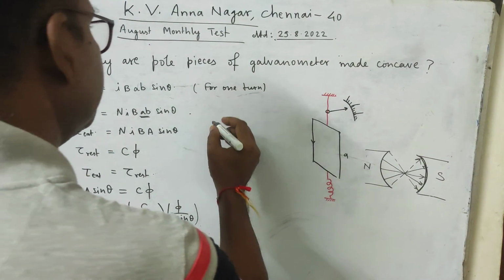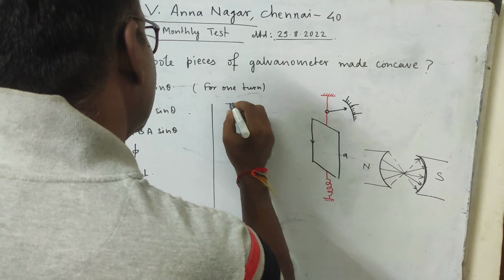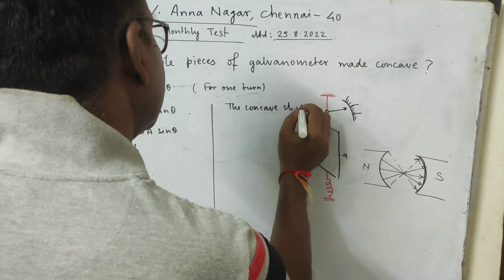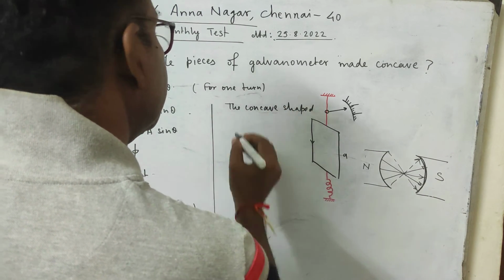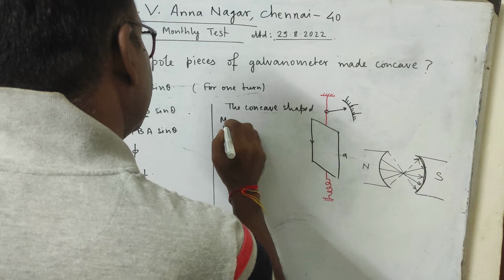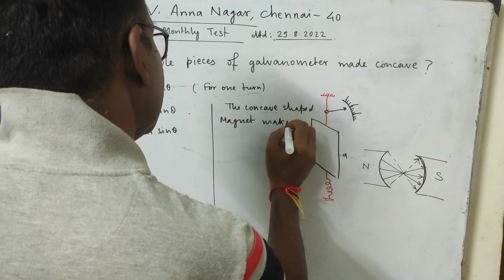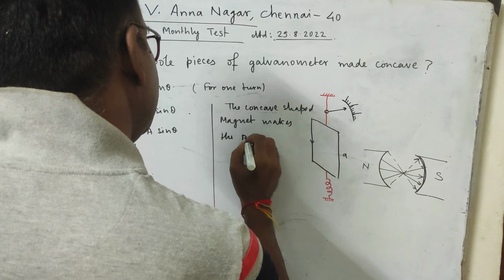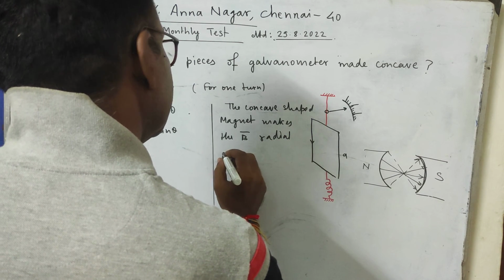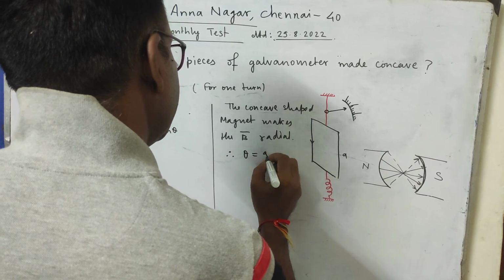So the concave shaped magnet makes the B radial. That is the reason. If it is radial, therefore theta is equal to 90 degrees.